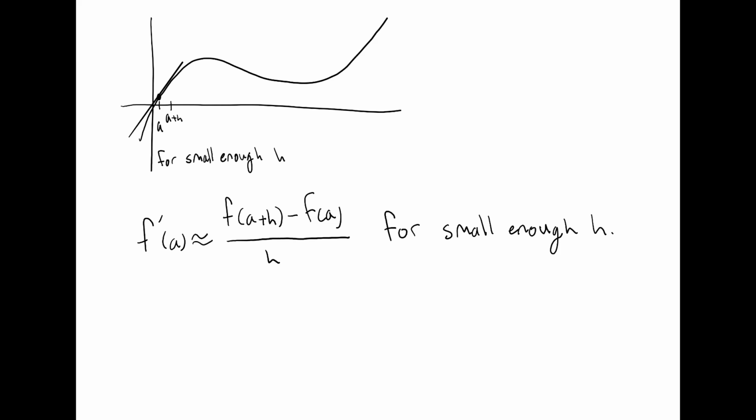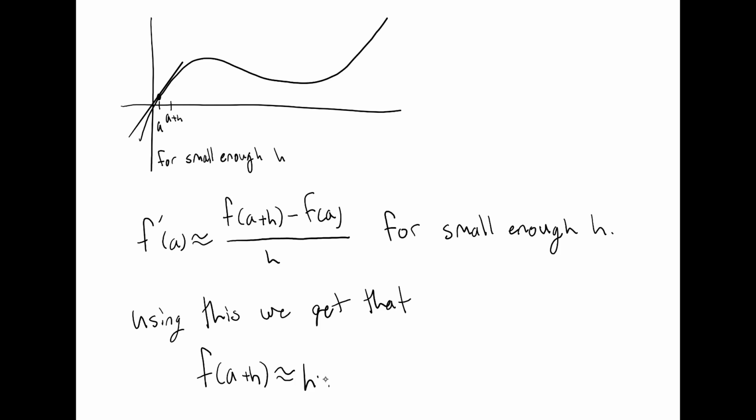But what we can do is essentially solve for this f of a plus h. Using this, we get that f of a plus h is approximately h times f prime of a plus f of a.